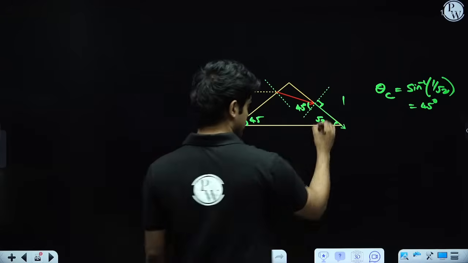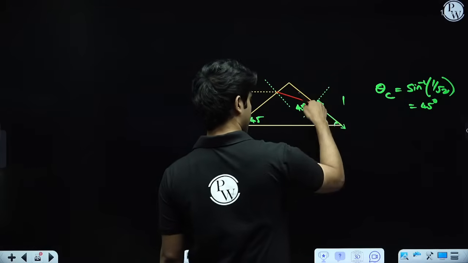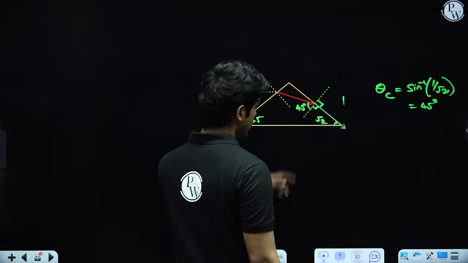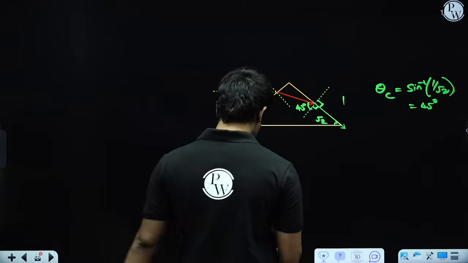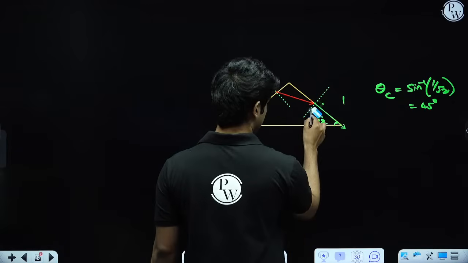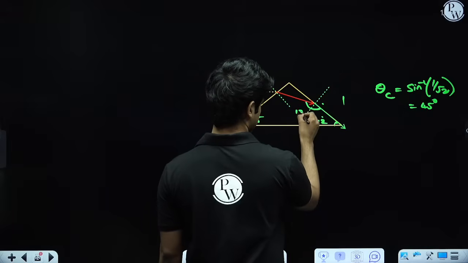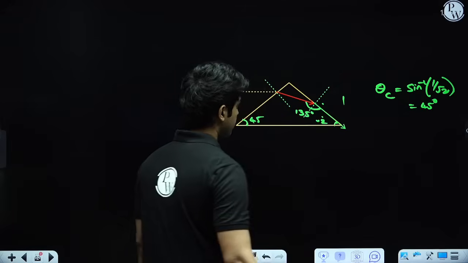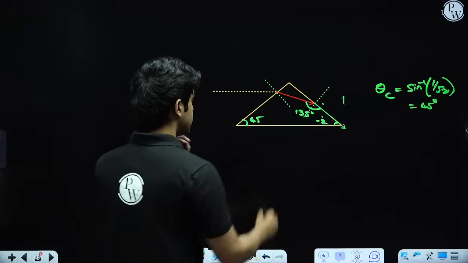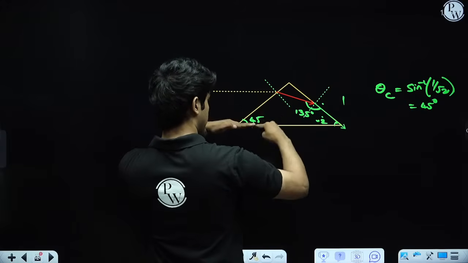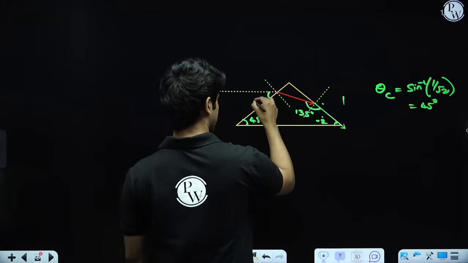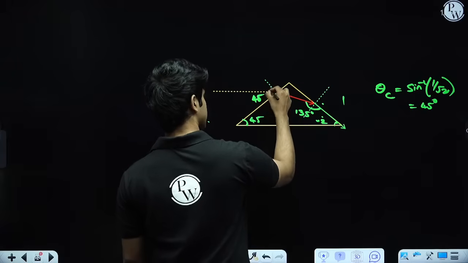Now this is of course 90 degrees because it's the normal to the surface. So in total this angle is 135 degrees. Now this angle is horizontal, parallel to the base, which means this angle is 45, which means even this angle is 45.